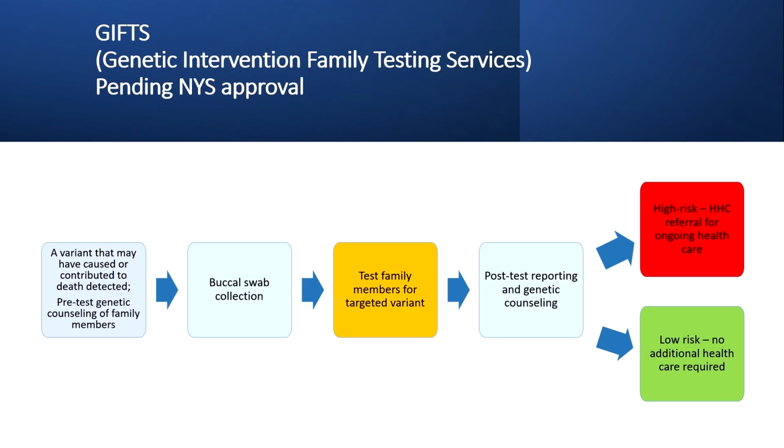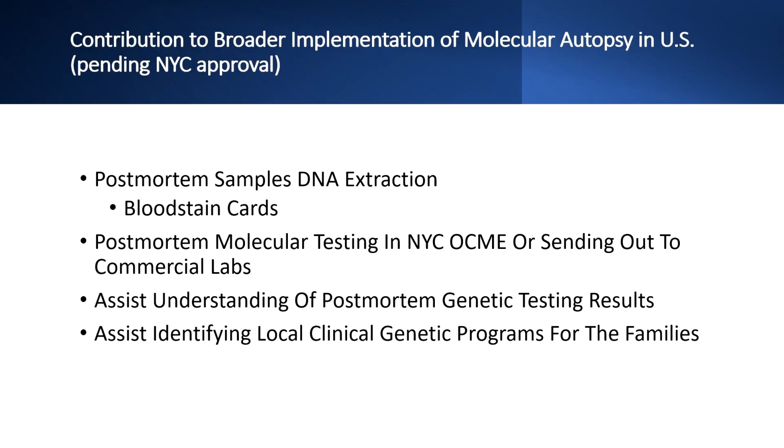The second initiative is to contribute to a broader implementation of molecular autopsy in the United States through a fee-for-service model, in which, pending New York City approval or federal grants, we can help other medical examiners to extract DNA from their postmortem samples, such as blood stain cards, and test using our office's validated testing panels, or send out to external commercial laboratories for more expensive testing.